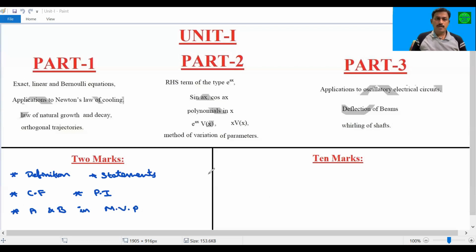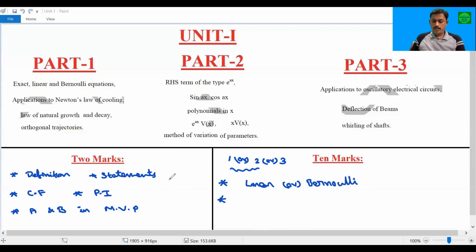The 10 marks will come from either Part 1 or Part 2, or we may expect Part 3. So if you are thorough with Part 1 and Part 2, definitely you can attend a problem of 10 marks that comes from either linear or Bernoulli, and sometimes you may expect from Newton's or natural law of growth or decay.